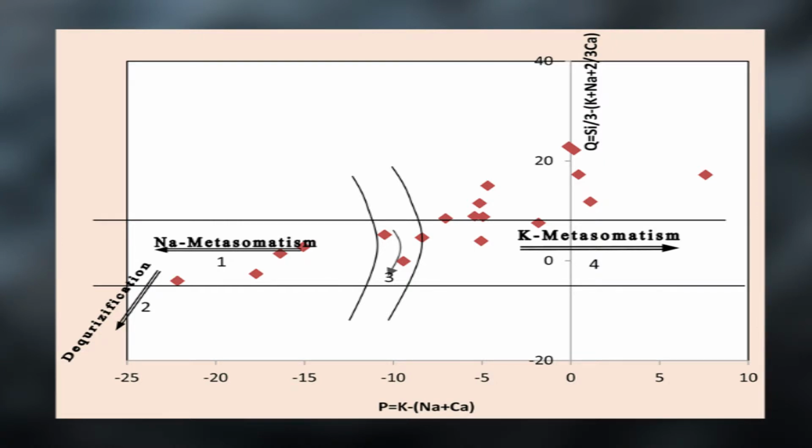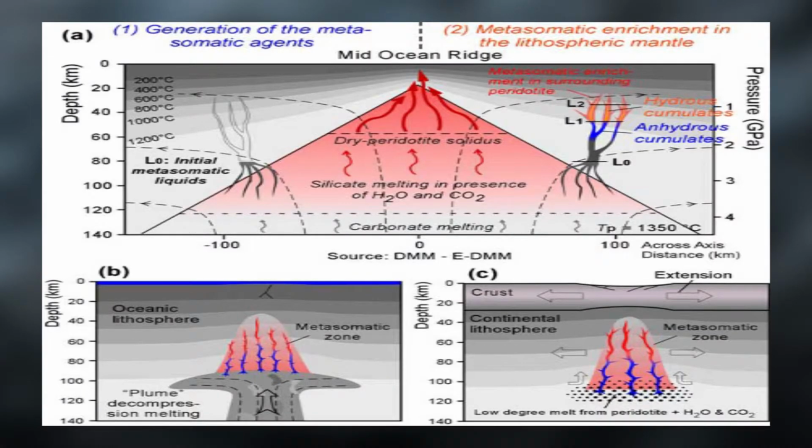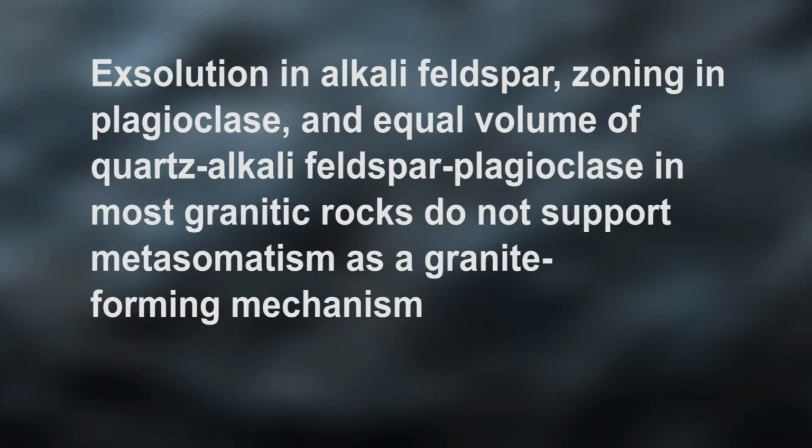This granitization process or metasomatism does not find support from thermodynamics and physicochemical data. Features such as exsolution in alkali feldspar, zoning in plagioclase and equal volume of quartz, alkali feldspar and plagioclase in most granitic rocks do not support metasomatism as a granite forming mechanism.